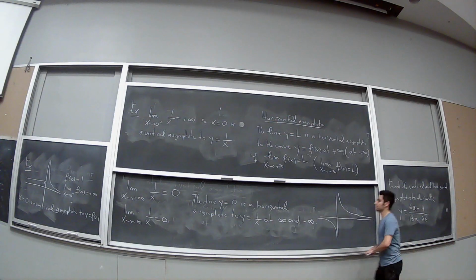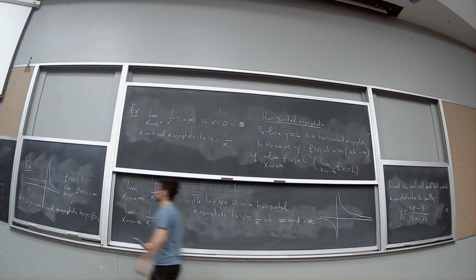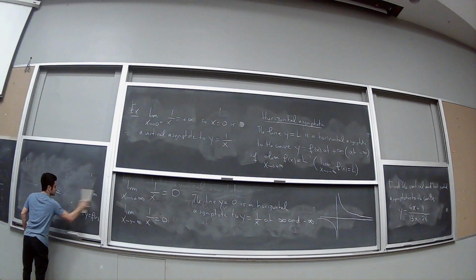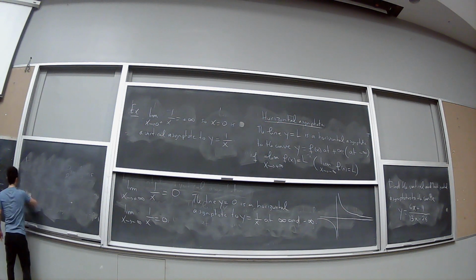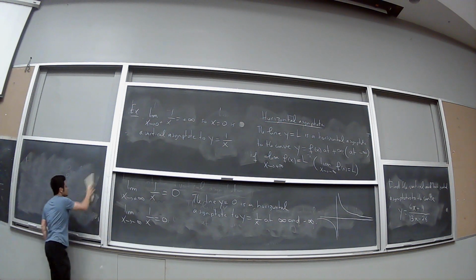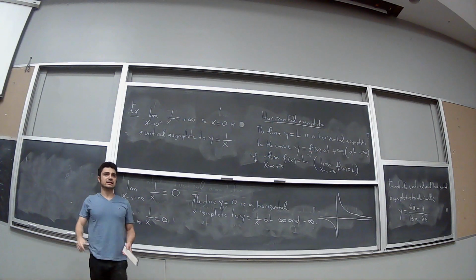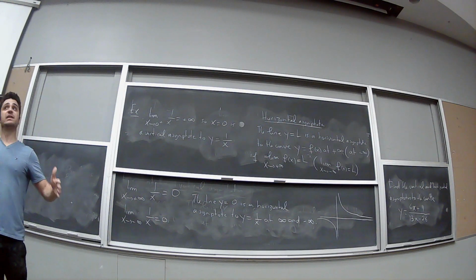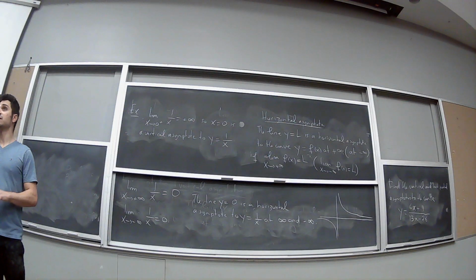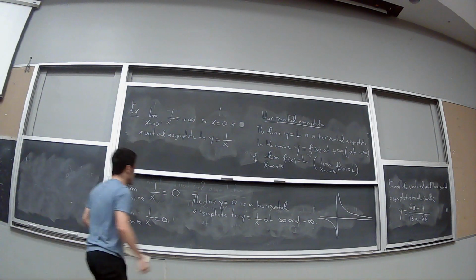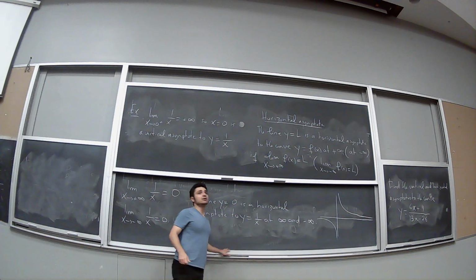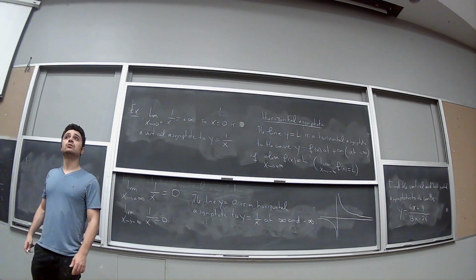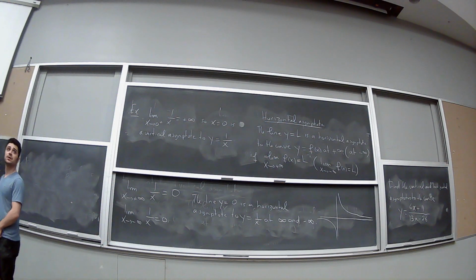This function is defined for all x different than 2. Now, is it continuous everywhere on its domain? Wherever it's defined, it's continuous, right? So what is the only possible vertical asymptote? x equal to 2, right? Everybody, do you agree?